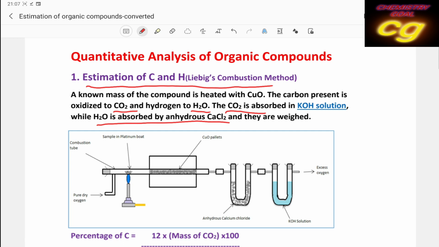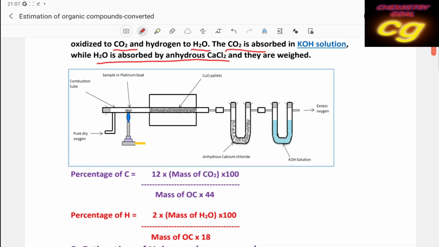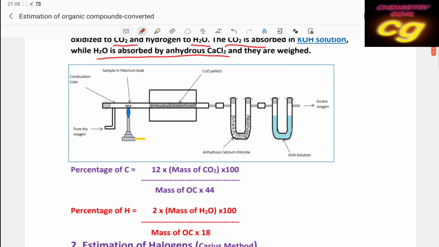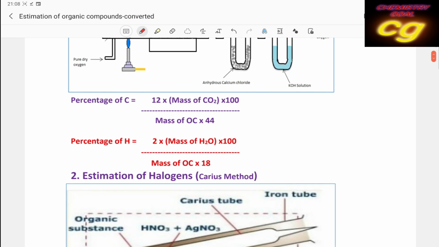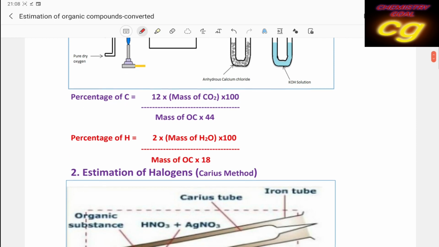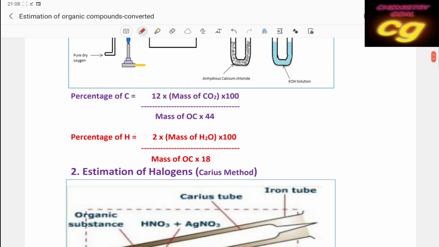As the carbon of the organic compound is converted to carbon dioxide and hydrogen is converted to water, we have to know how much water and how much CO2 is produced, which will be calculated by taking the weight of the substance obtained. Because potassium hydroxide absorbs carbon dioxide, we can know the amount of carbon dioxide absorbed by it. With the water absorbed by calcium chloride, we can know how much water is absorbed.